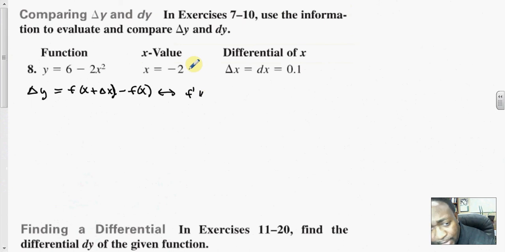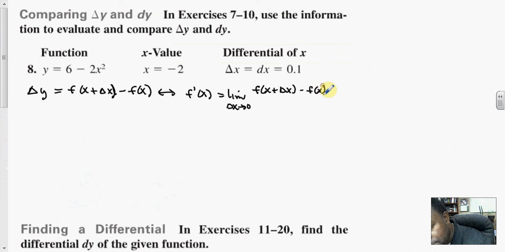f prime of x is equal to the limit as delta x goes to 0 of f of x plus delta x minus f of x, and this is all over the denominator.